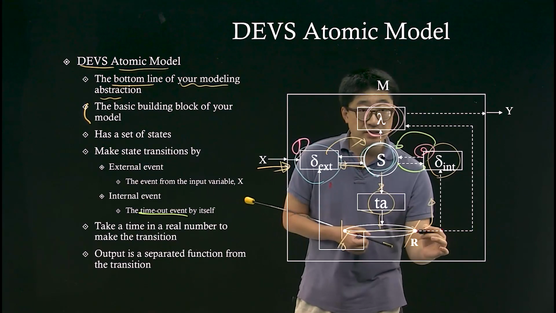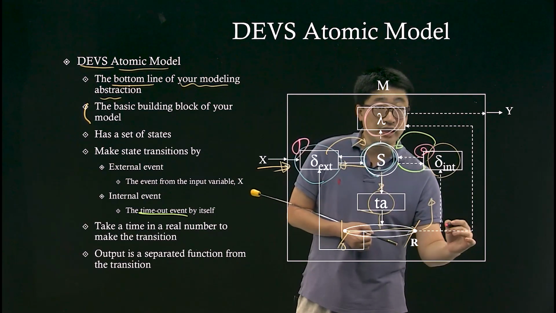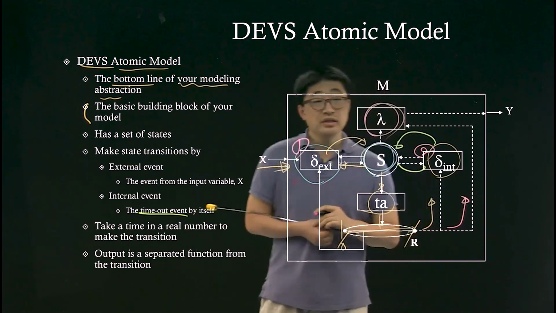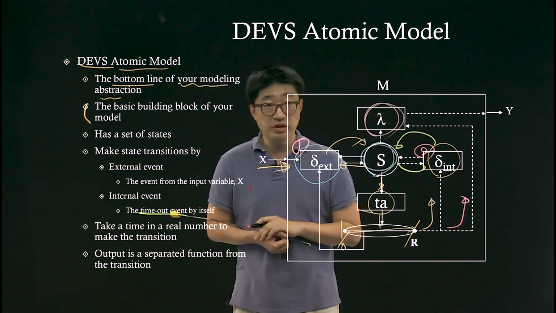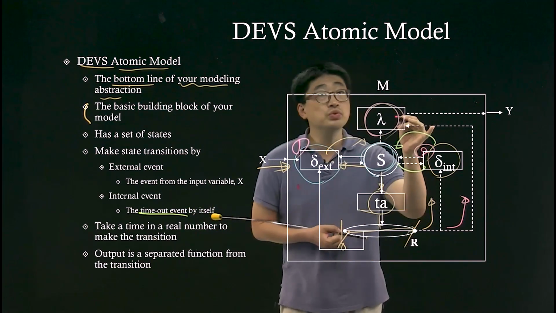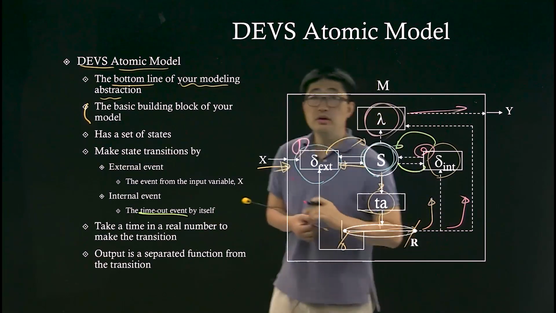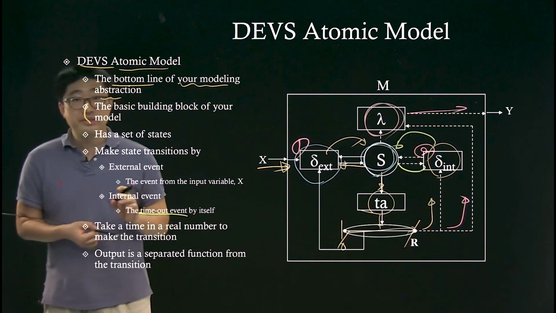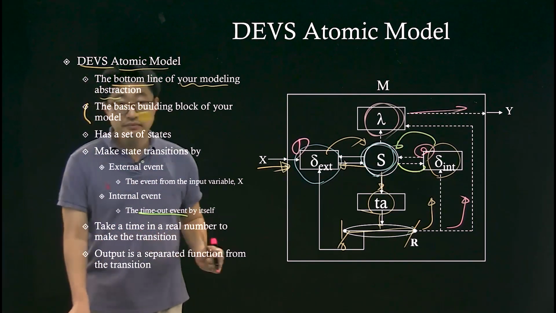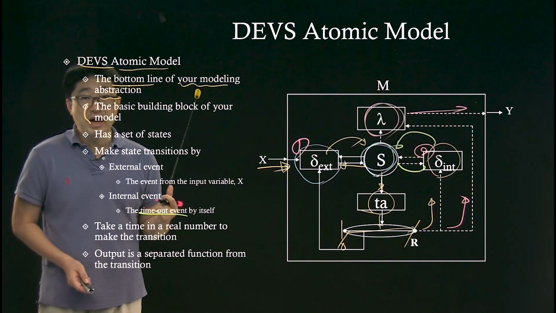The same timer that invokes delta internal also invokes the lambda output function, so output is spit out when the timer goes off.